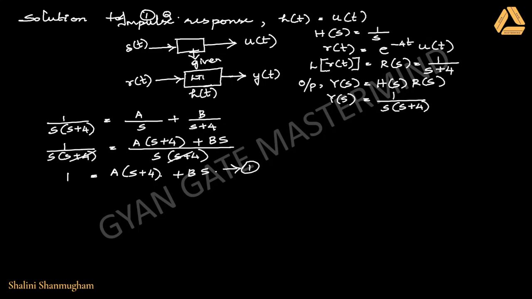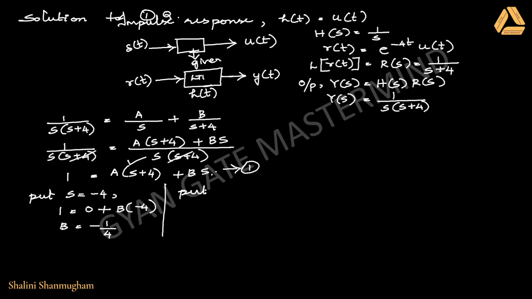For making this term as 0, put s equal to minus 4. So you'll get 1 equal to 0 plus b into minus 4. So hence b equal to minus 1 by 4. And we have to make this term as 0 for finding a.